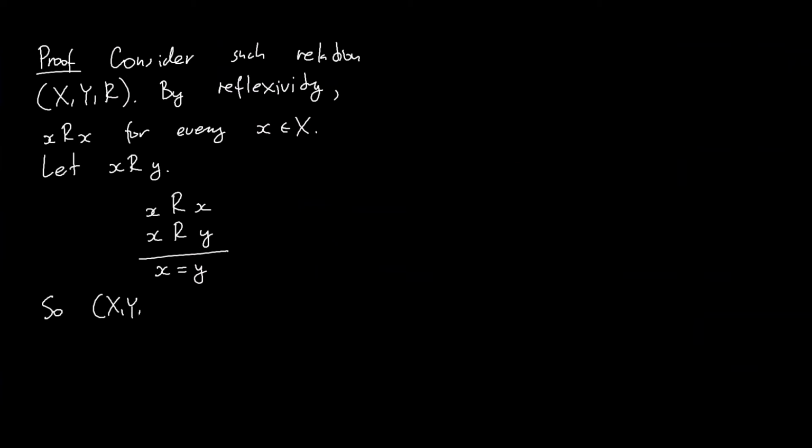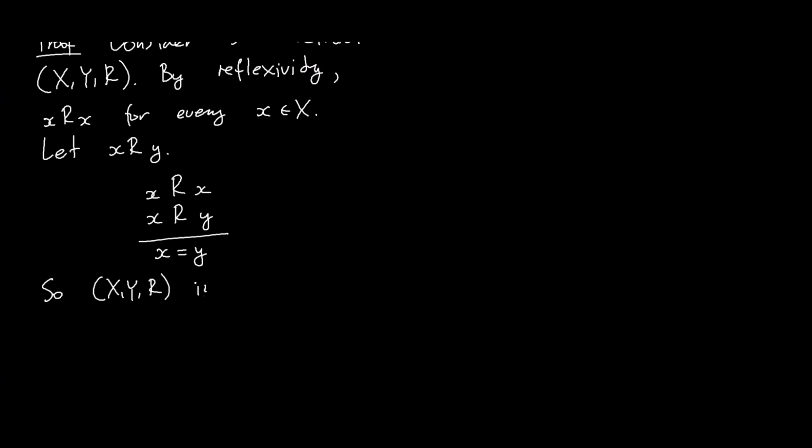And in fact, you see, we didn't even use that it's a bijection. We just used the fact that it's a function. So we can generalize our theorem. We proved that things related by this relation are exactly those things which are equal to each other, because those things that are equal are related by reflexivity, and if something is related, then they are equal by this argument.